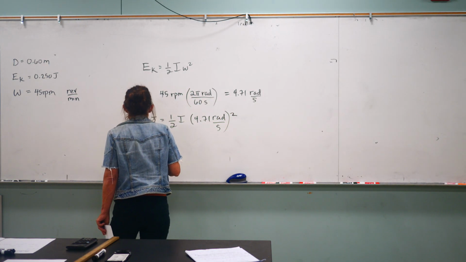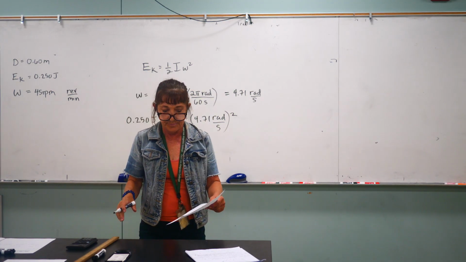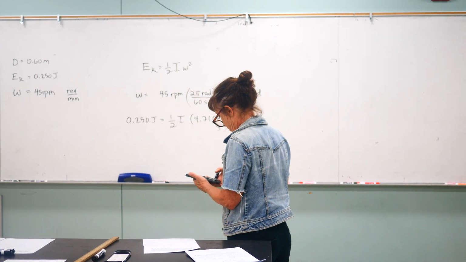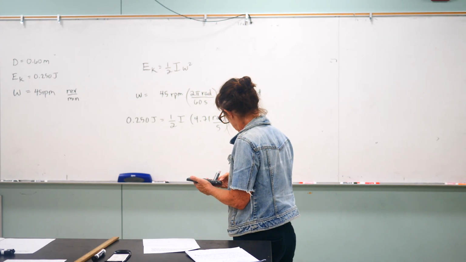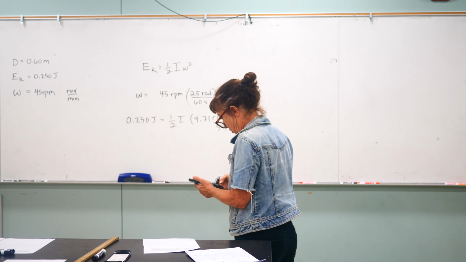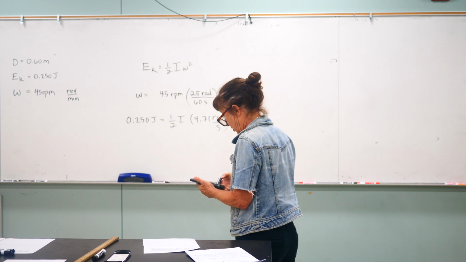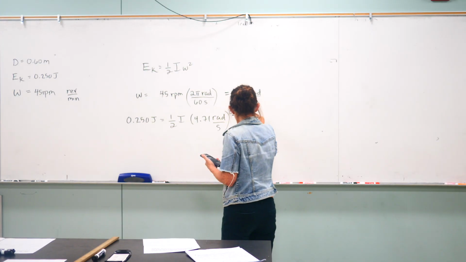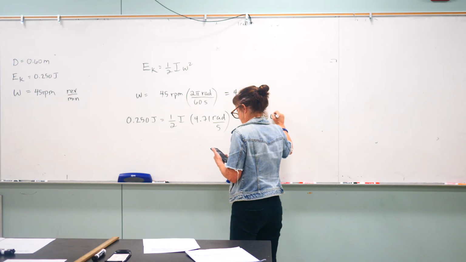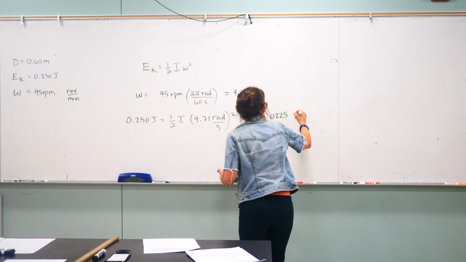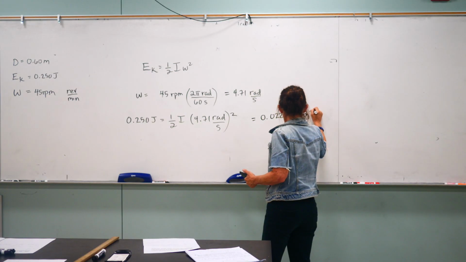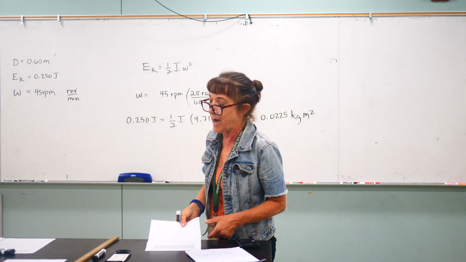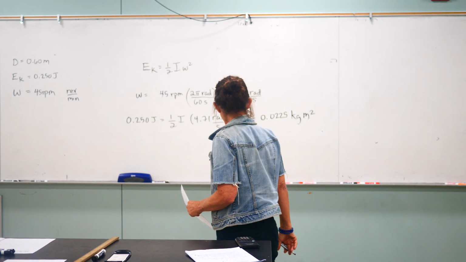So I has got to be 0.25 times 2 divided by 4.71 squared, which is 0.0225 kilograms meter squared. Those are your units for moment of inertia, kilogram meter squared. All right.